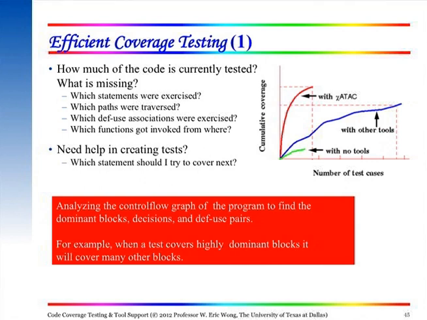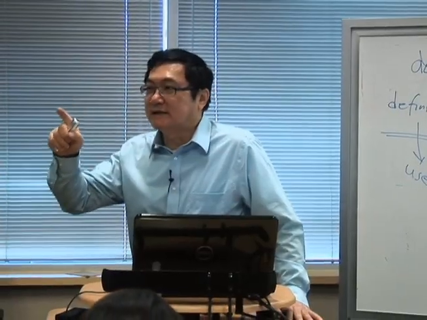But this has to be under one assumption: the test cases are effective, right? You don't want to use a lot of redundant test cases. If the focus is to improve the coverage, you keep repeating test cases which go through the same chunk of code. It's not going to help you too much.